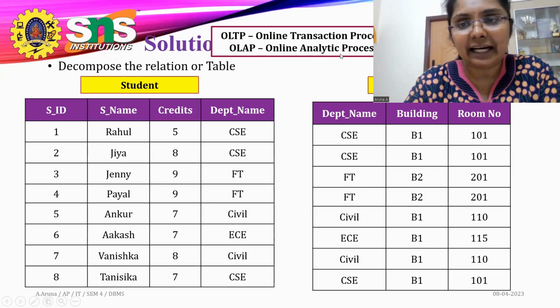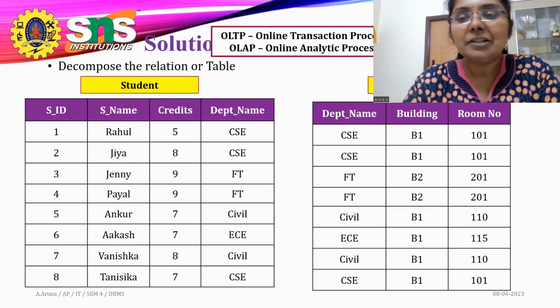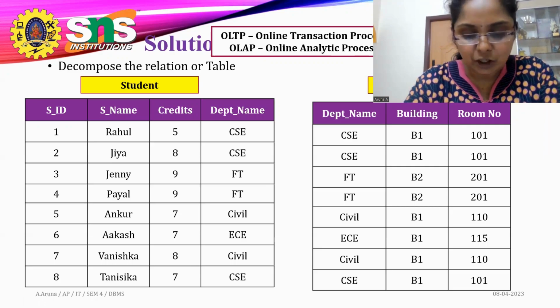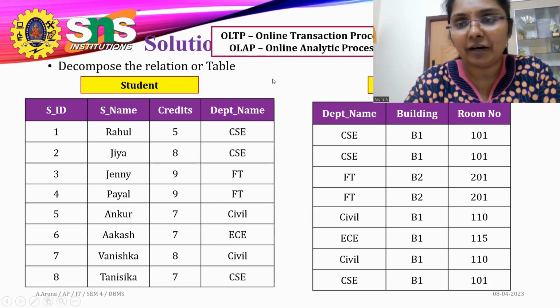If the database contains historical data, one related to another one, then definitely here we need the non-decomposed data, that is, non-normalized data. So before going for this solution, check whether normalization is required for my database or not. If normalization is required, you can go for decomposing. Otherwise, you need not decompose the table.